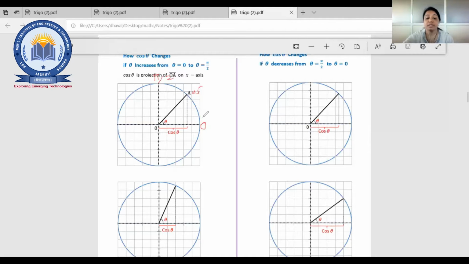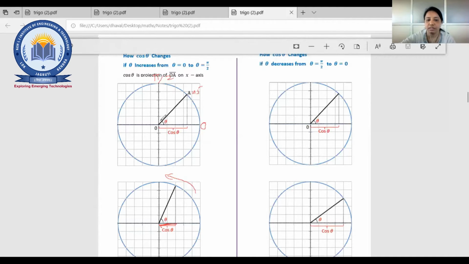So the cos theta will be on which axis? The x-axis. Now, if you increase your theta, that means you are going anticlockwise here, right? So theta will be increased. You can see here 45, here maybe 55 or 60. You can see cos theta will be on the x-axis.